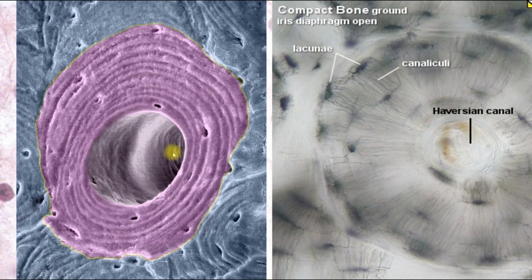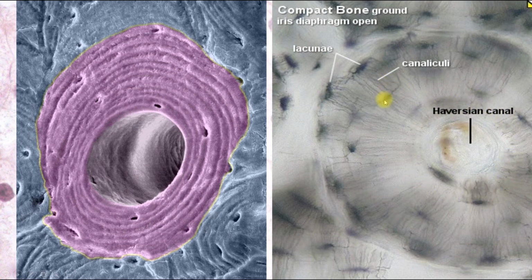Here we can see a Haversian canal and numerous lamellae which surround it. And there are lacunae with osteocytes. Osteocytes aren't visible here, but we can see lacunae, and openings between the lamellae. And here we can see the Haversian canal and numerous lamellae which surround it.